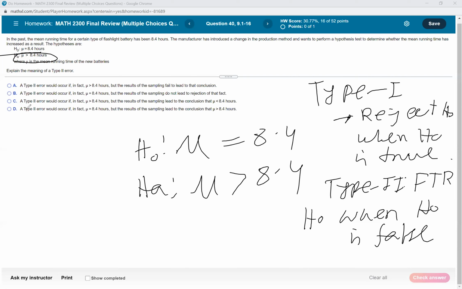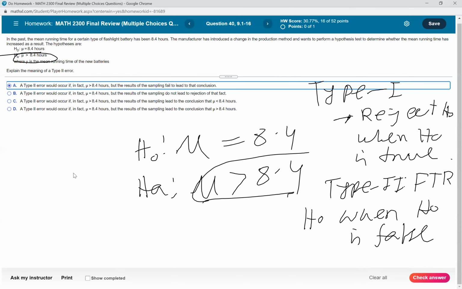A type 2 error occurred if in fact mu is greater than 8.4, but the results of the sampling fail to lead to this conclusion. Yes, this is the correct answer. Type 2 means this is true, but we are failing to conclude it. So option A is correct.